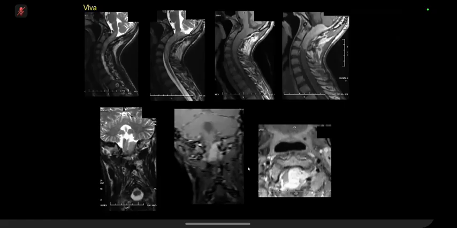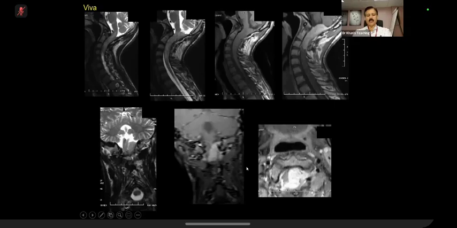So this is an intramedullary lesion. Given that it's enhancing, it is a tumor, and given that it's intramedullary, I think this could be an ependymoma or an astrocytoma.